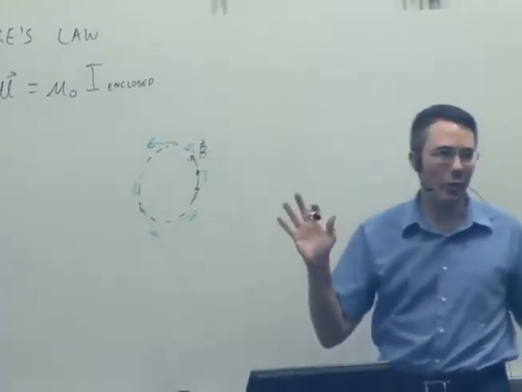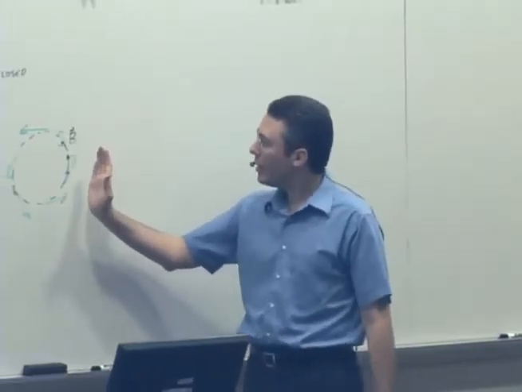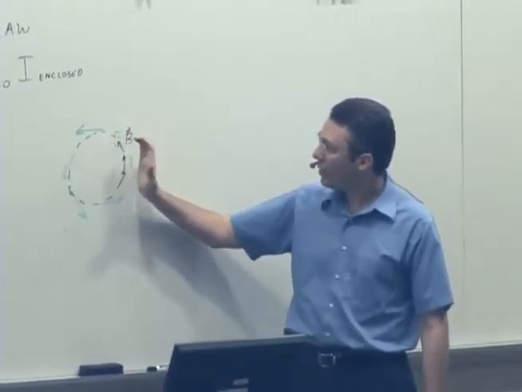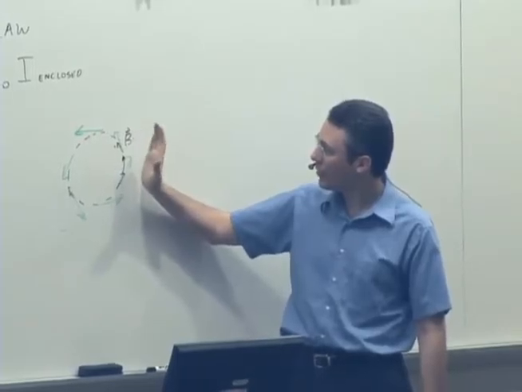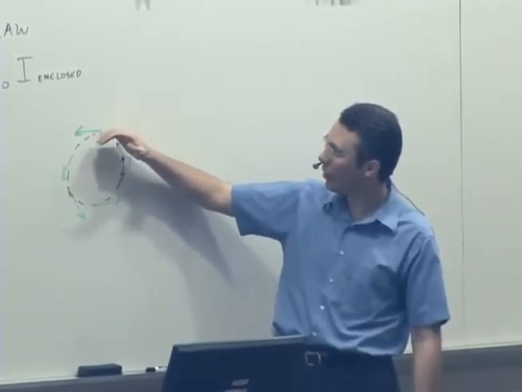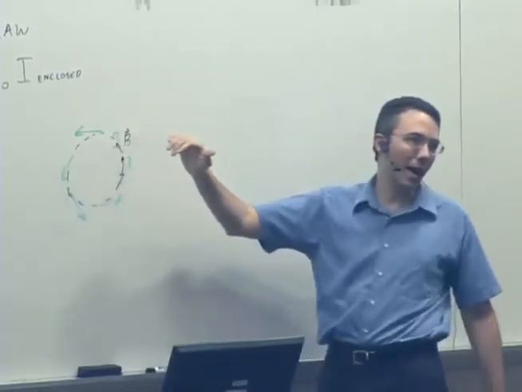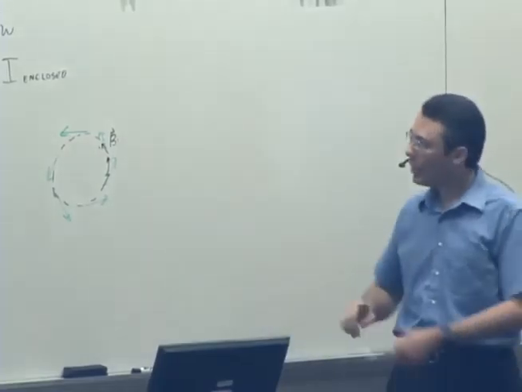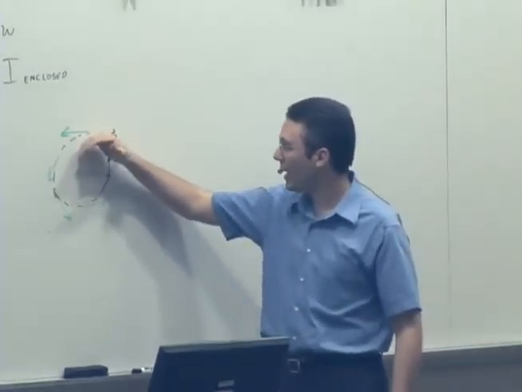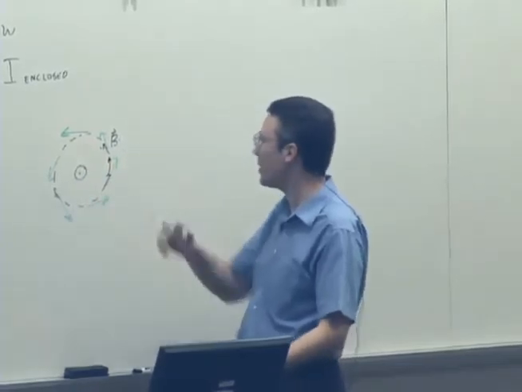Well, it's actually another right-hand rule to govern the directionality here. You go around in the counterclockwise direction. If you choose your right hand and your fingers curl around in the direction that you're traversing this path, then your thumb gives you the positive direction. So in this case, if I go around and I get a positive value, that's telling me that there's conventional current coming out in the positive direction.